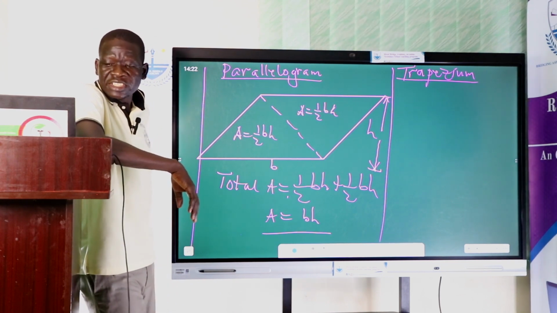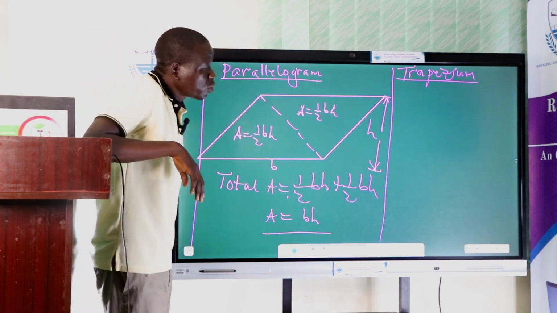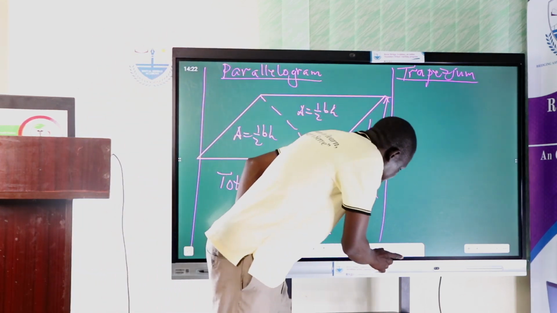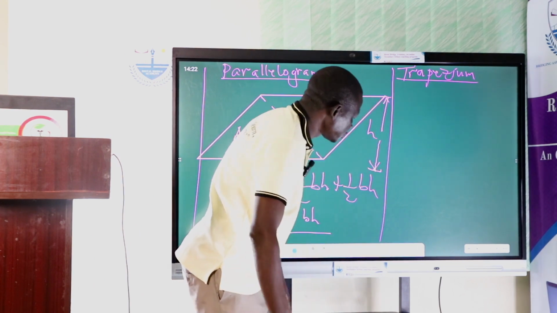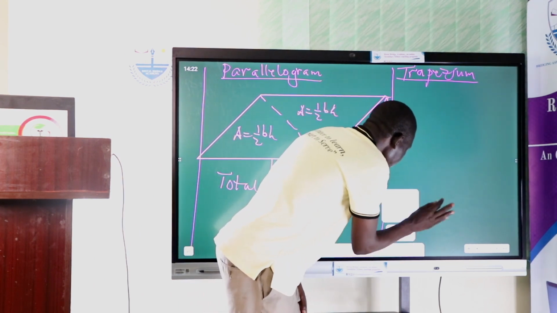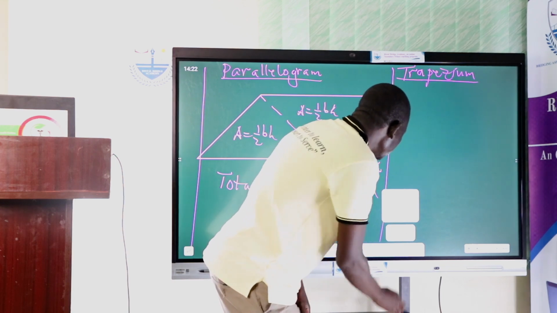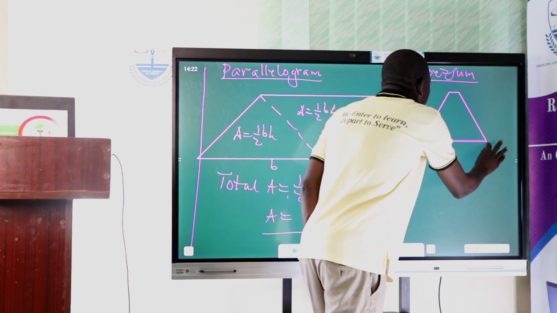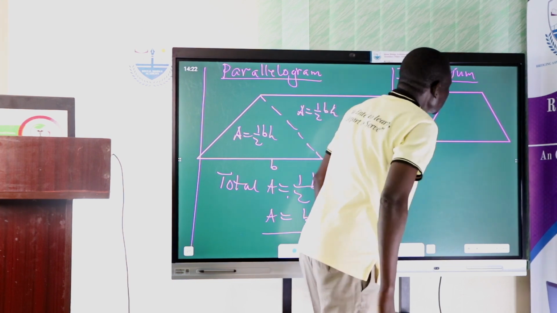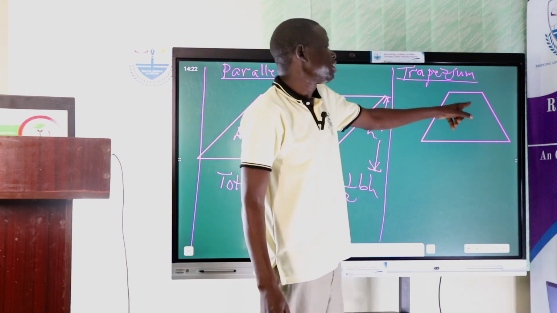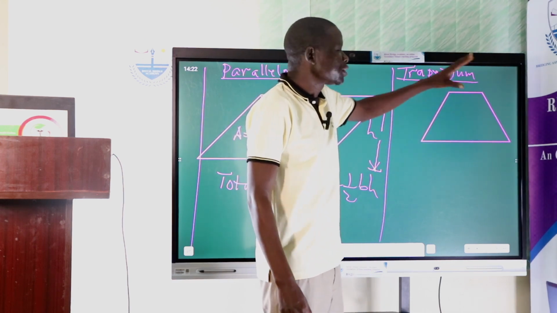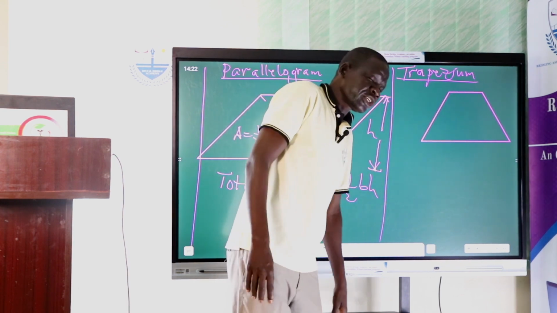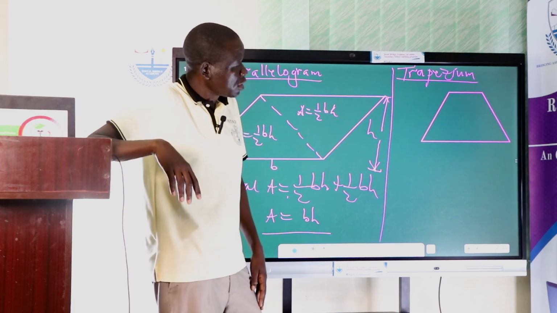This is how the trapezium looks like. This is the shape of the trapezium. So you can see that this side is parallel to this side, but it cannot be equal. So this is the shape of the trapezium.